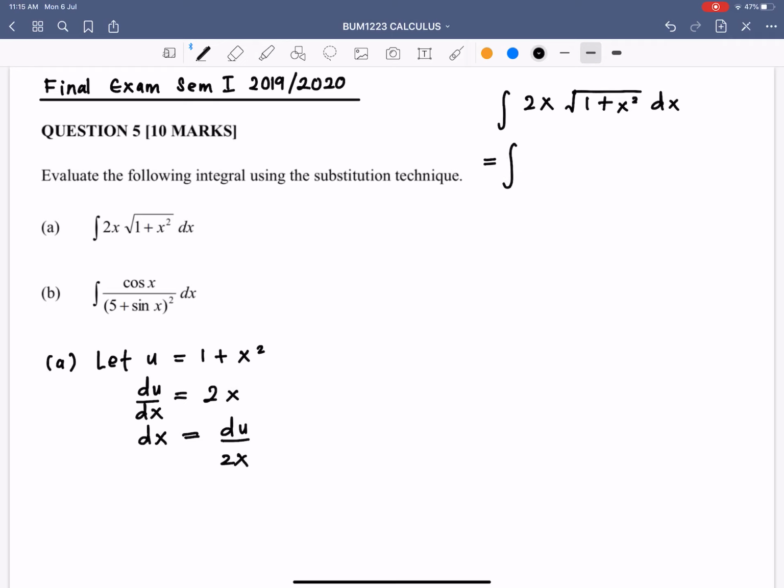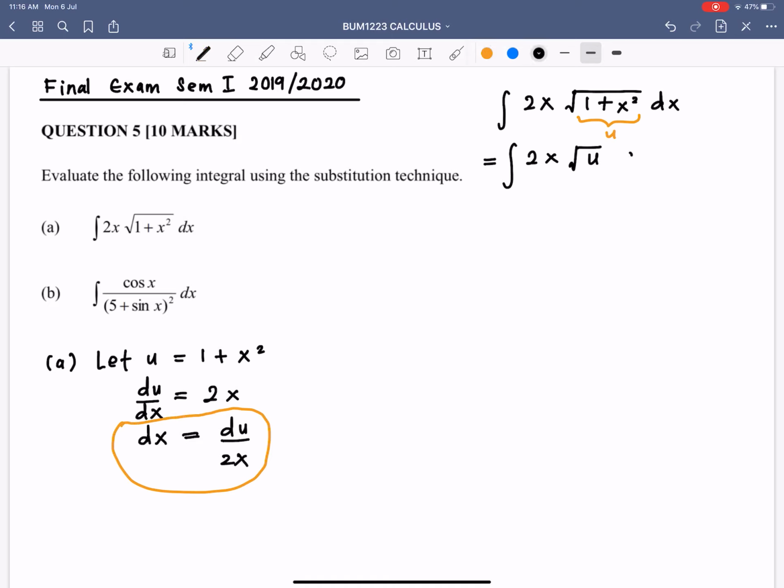We want to rewrite this because we want to get a simple integral. We know that 1 plus x squared is u, so we substitute square root of u, and we know that dx is du over 2x.